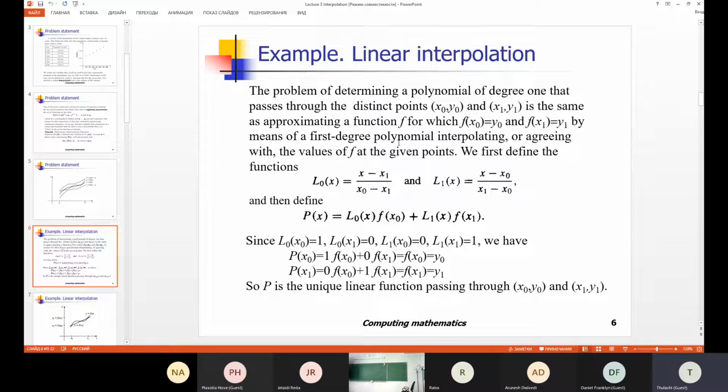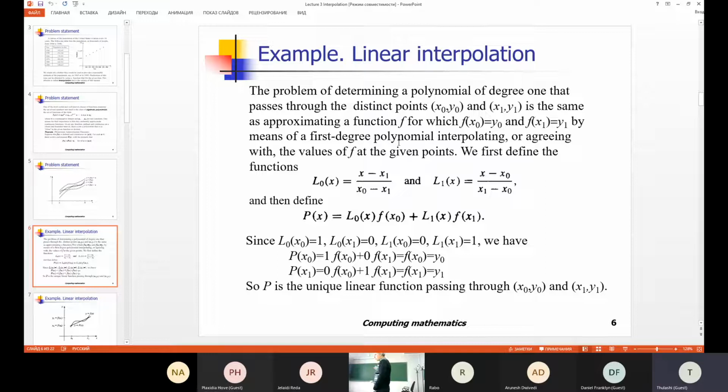Now, well, so if we have this formula, we can try to compute the value of this polynomial at the points x0 and x1. But before we compute it, let's answer a question.